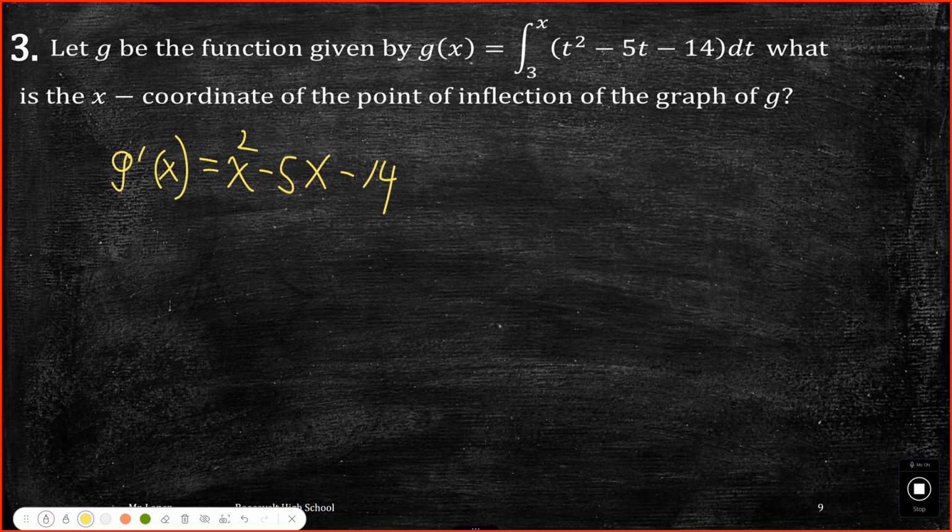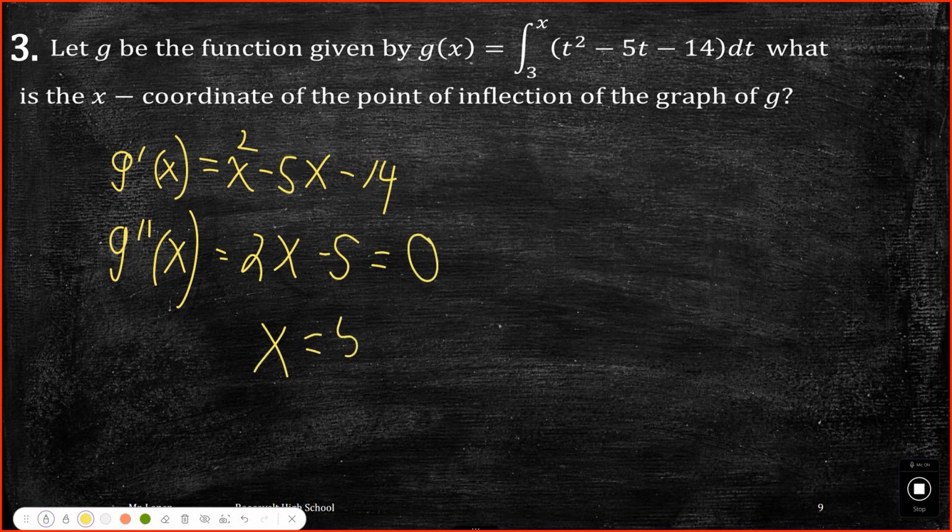That's the velocity, no? We want inflection points. How do we find inflection points? Take the second derivative. G double prime of x, 5/2.